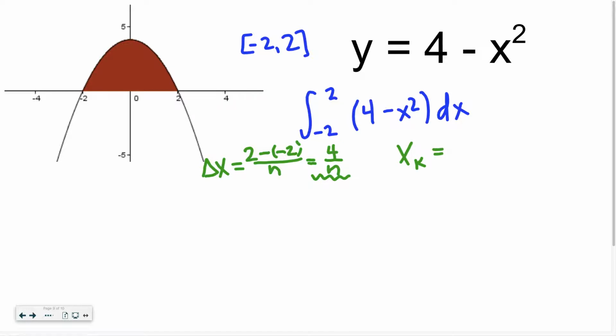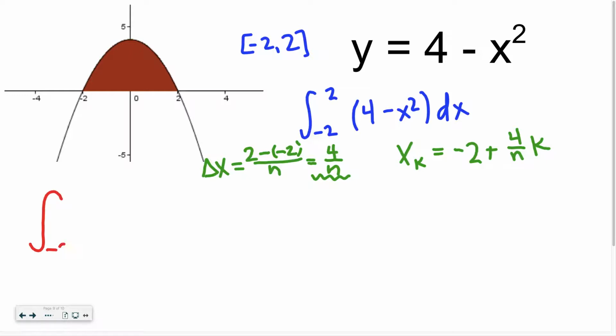Then x sub k is a plus, and I'm going to write it as 4 over n times k, since k is like the first variable we have to take care of. Is that okay? You ready?